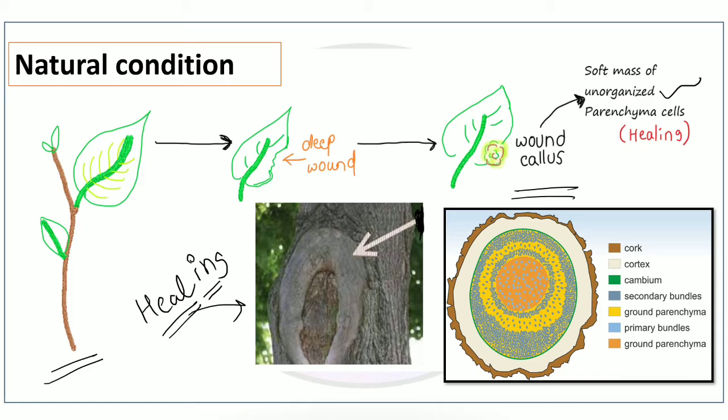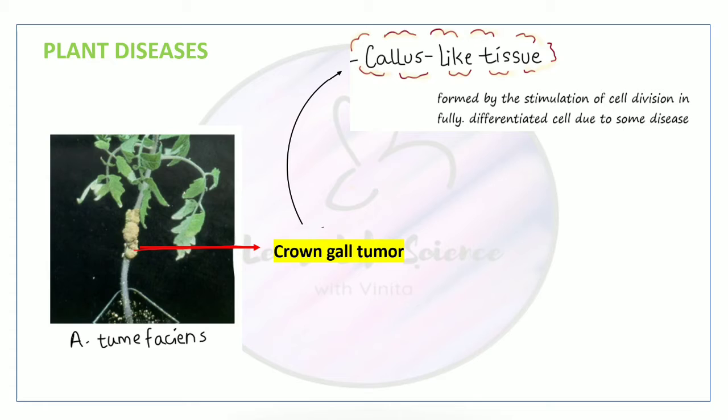In the second case, there can be formation of callus-like tissue when the plant is infected by certain bacteria, virus or fungi. So the second natural condition is regarding plant diseases. For example, we know about Agrobacterium tumefaciens. Agrobacterium tumefaciens is a bacterium which transfers some part of its genetic material into the host plant.